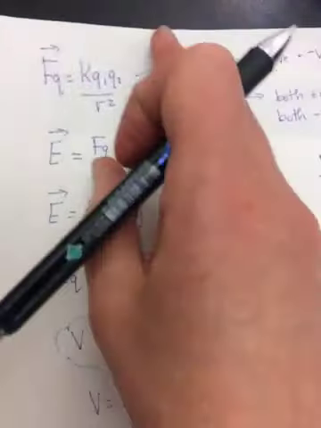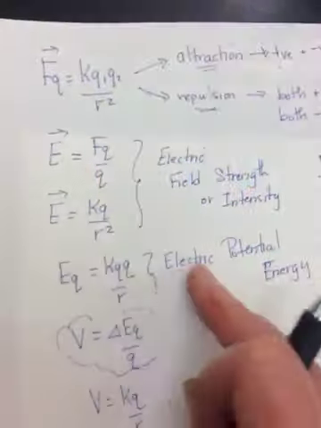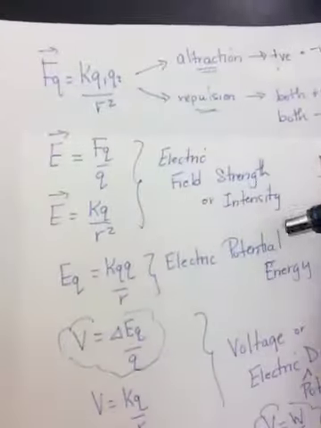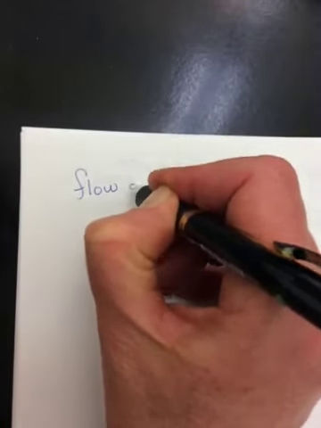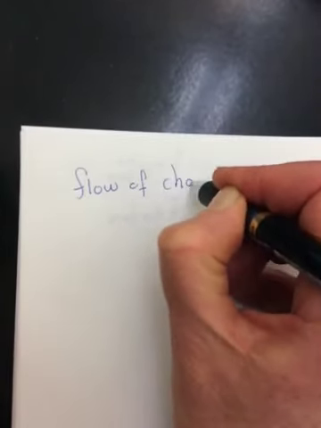But to this day, when we're talking about flow of charge, we have two different names. This part was electrostatics, where the charge is stationary. We're now about to move into flow of charge, and when we talk about flow of charge, that's electricity. Okay?